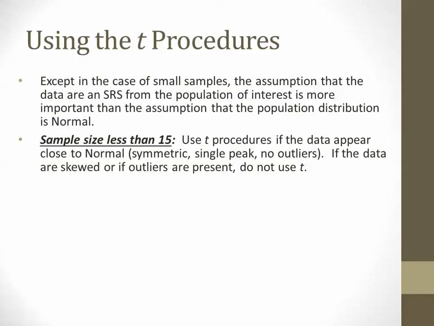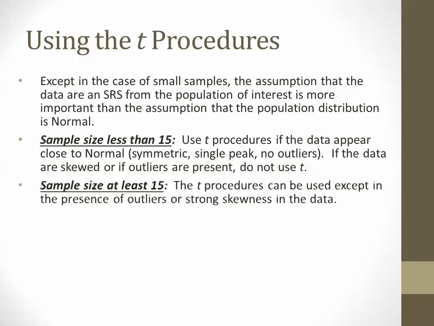So if you have the actual data, you will want a stem and leaf to see what it looks like, or a histogram, or something like that. If the data is really skewed or there are outliers present at that sample size, do not do it. Won't have good results.